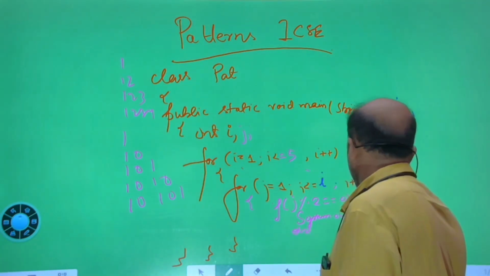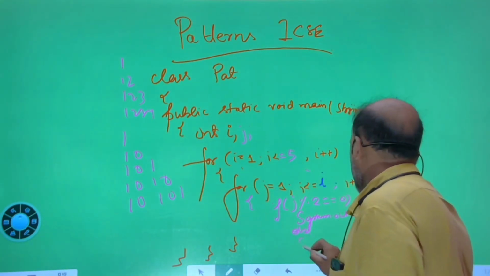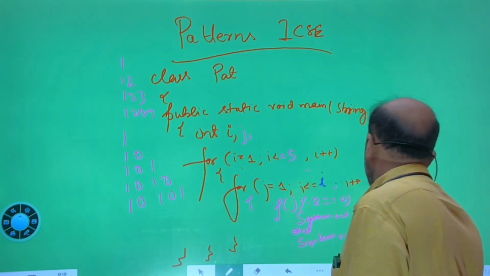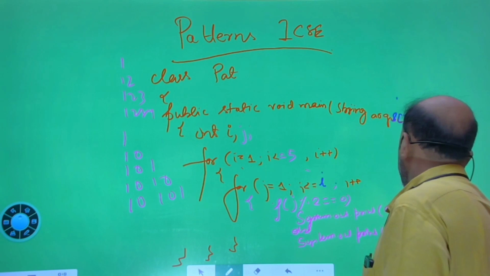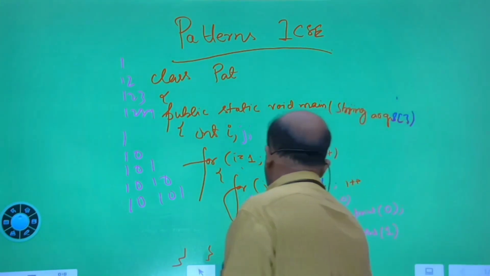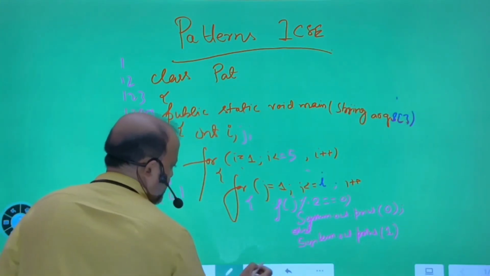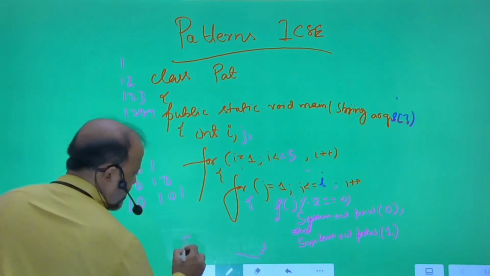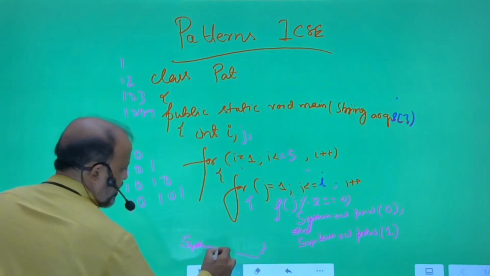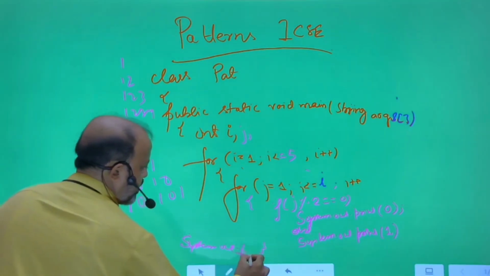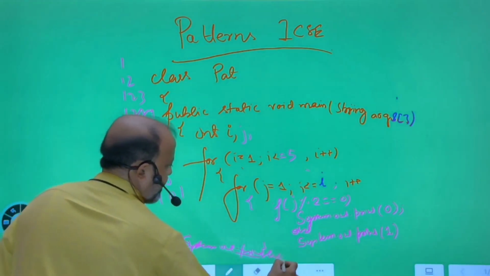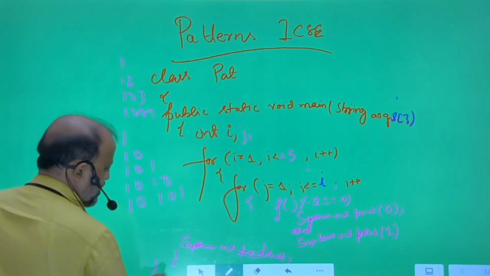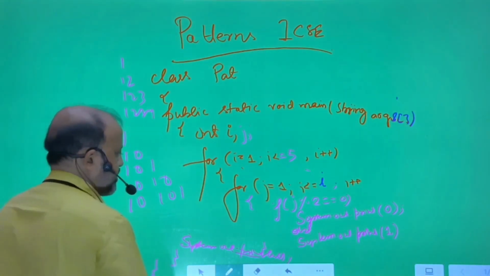Else, you can print in double quotes also, again system dot out dot print 1. This j loop ends, and after the j loop you have system dot out dot println. This I loop ends, main class.